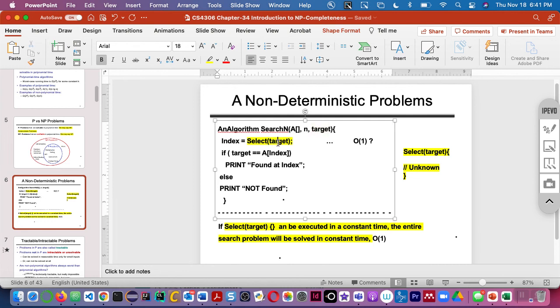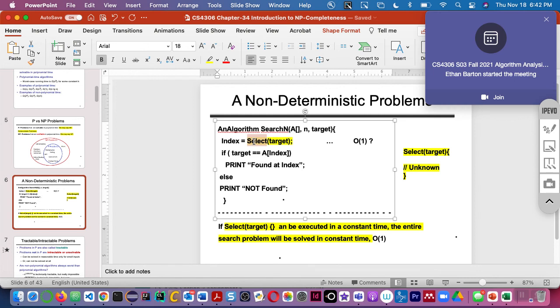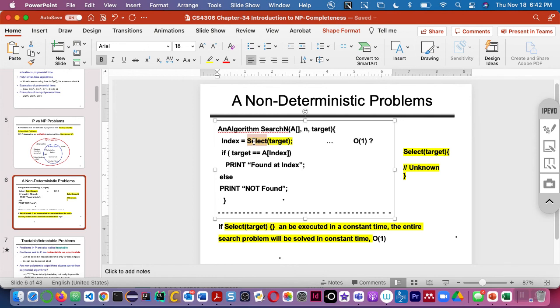If you put the target value in a method called select, it will instantly give the index of that target value. Then if that index is available in the array, we say it is found at this index, and otherwise, it's not found.